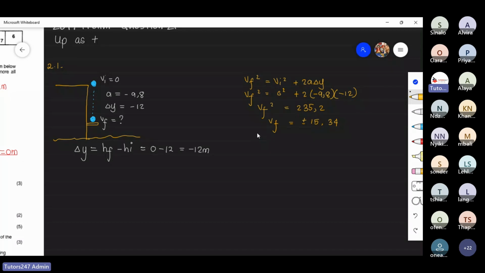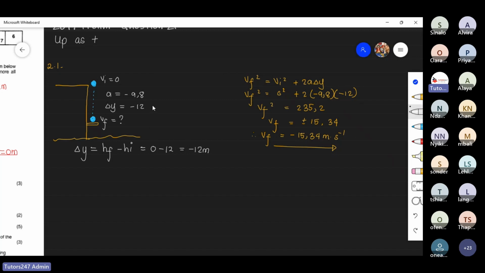Therefore, our final velocity is going to be negative 15.34 meters per second. And that is it. That is all we needed to do to calculate the velocity with which the object hits the balcony. Now, something important to take note of.